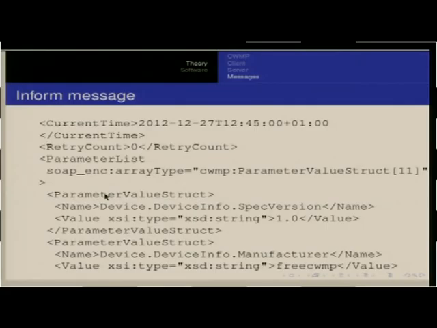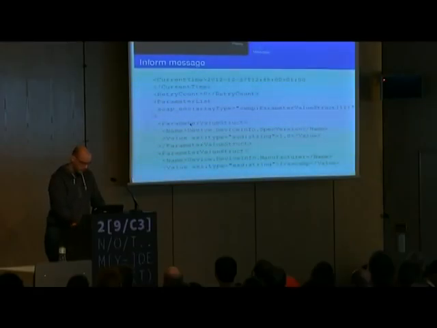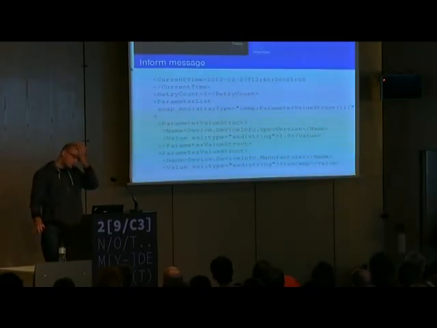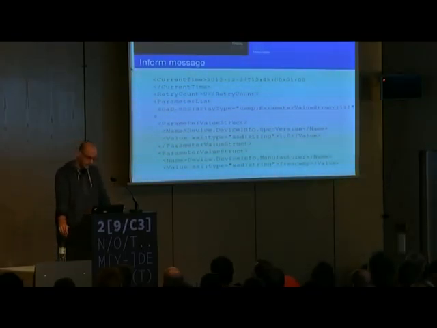Okay, this is the same message but continued. So you have time, you have retry count. It's a number of how many times the CP tried to connect to the ACS but failed.